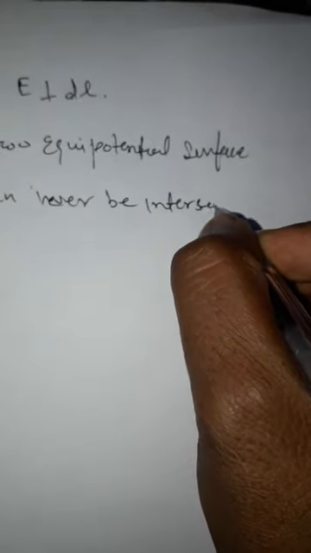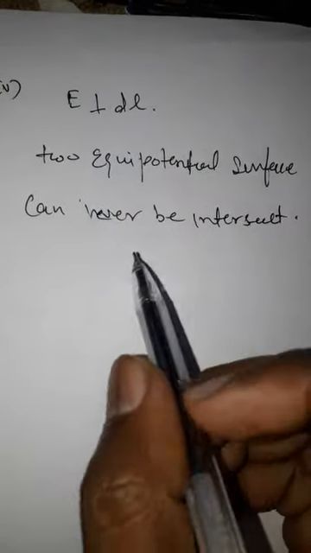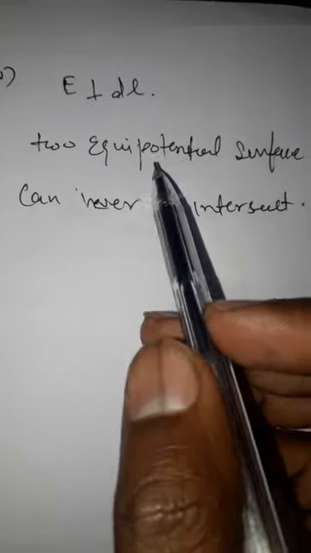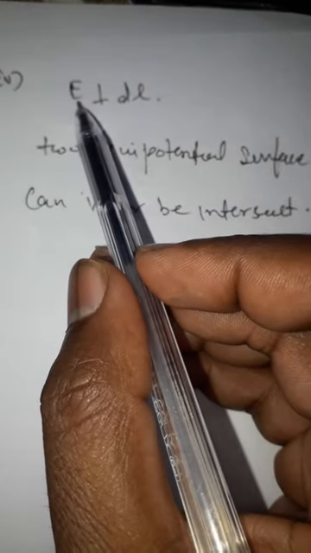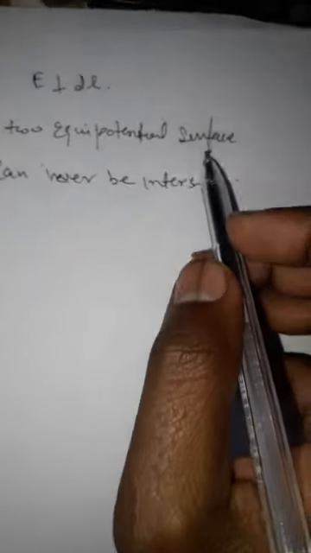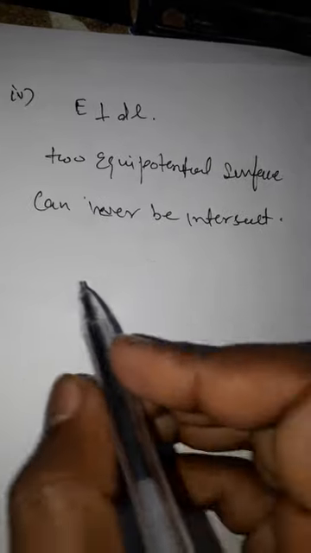Why? Because when two surfaces intersect each other, then at the point of intersection there are two normals giving the direction of the field, which is not possible. So two equipotential surfaces can never intersect with each other.